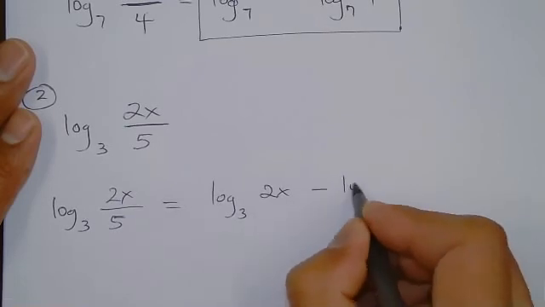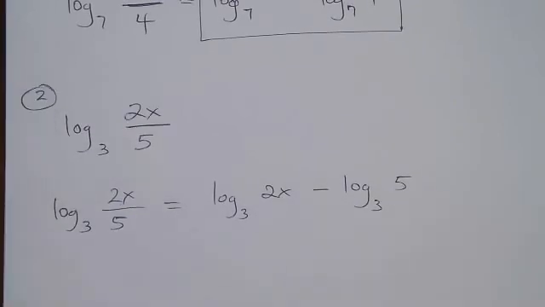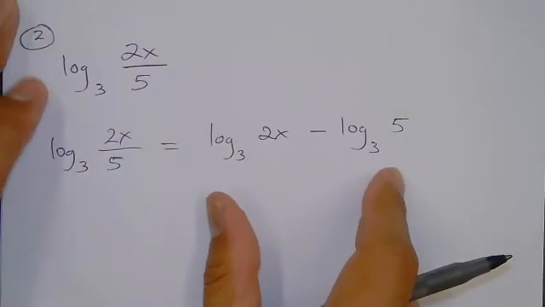That's a division. That's easy. Wouldn't that be log base 3 of the top one, which is 2x, minus log 3 of the bottom, the denominator, which is 5? Everybody get this answer? Andy says no.